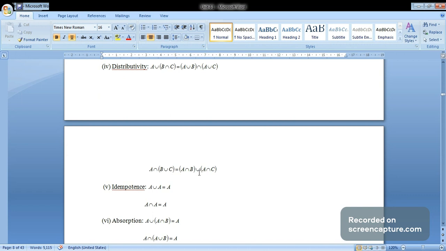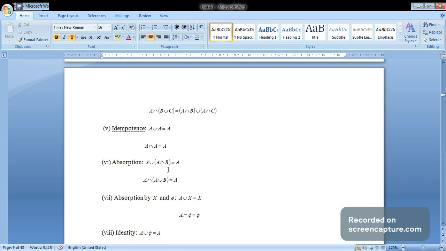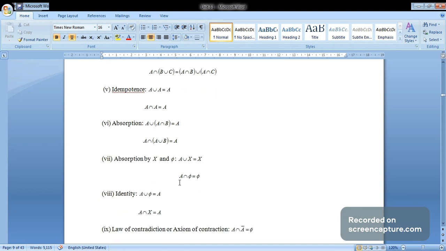This is the distributive. Next one is idempotence. Idempotence means A union A equals A intersection A equals A, and absorption is A union (A intersection B) equals A intersection (A union B) equals A. Next, absorption by X and pi: A union X equals X, A intersection pi equals pi.